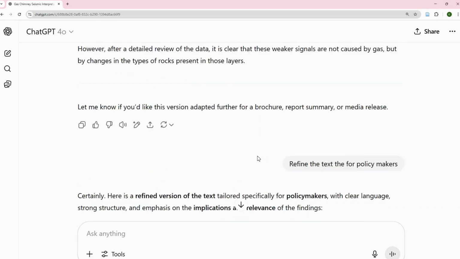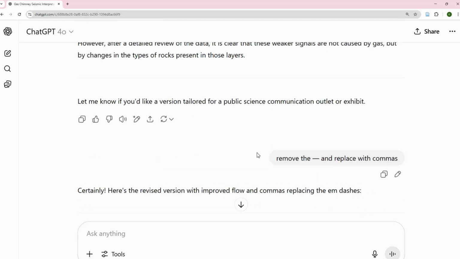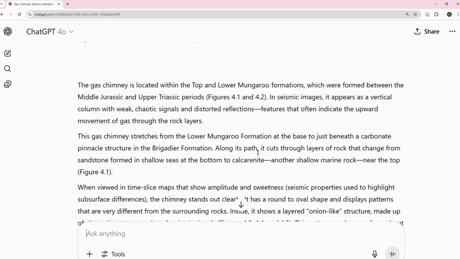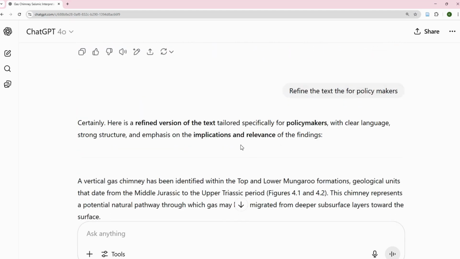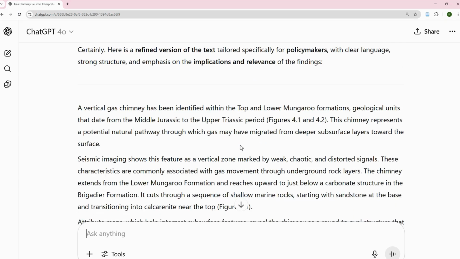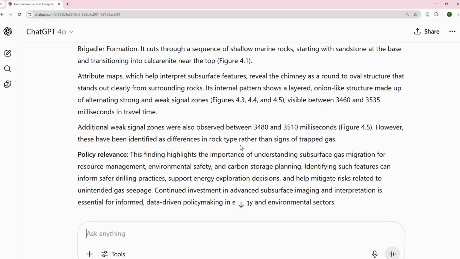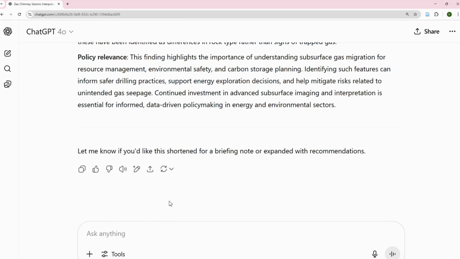So you see that we have transitioned from writing purely for academics to non-technical people with different tones, and now to policymakers. And we have used different prompts for that, right? So we can also do something like say, format the referencing if there are references inside according to APA 6.